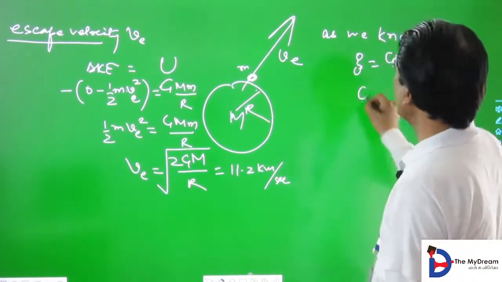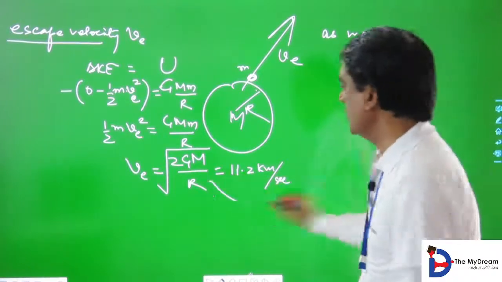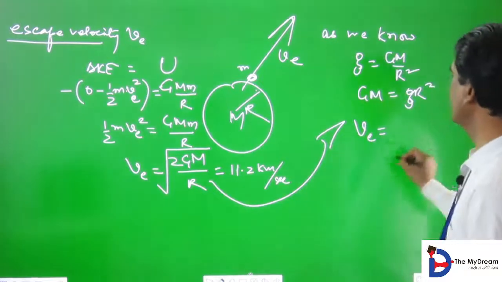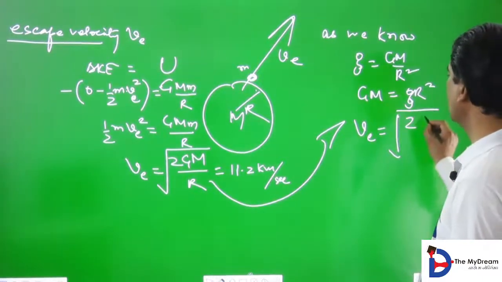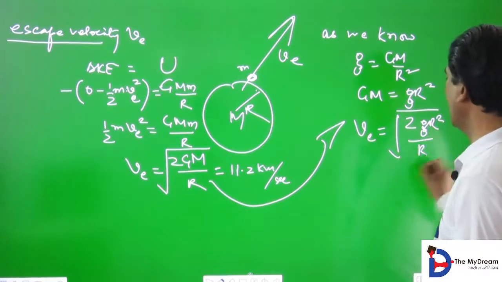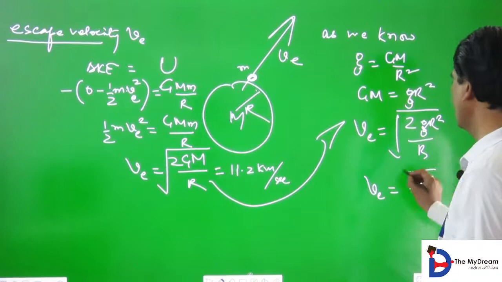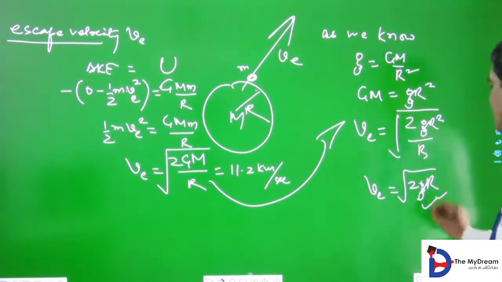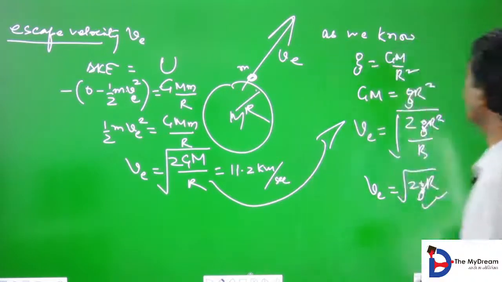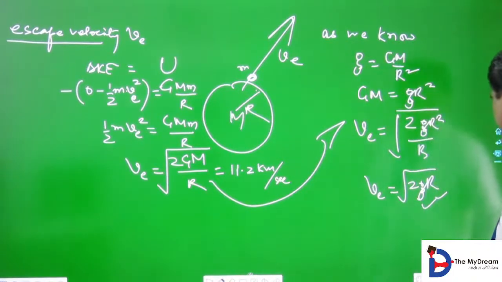So in place of GM you can write down gr square. यहाँ से लिख दीजिए, that is root of 2gr. वैल्यू रख दीजिए, again you will get the 11.2 किलोमीटर पर सेकेंड. Yes, next.